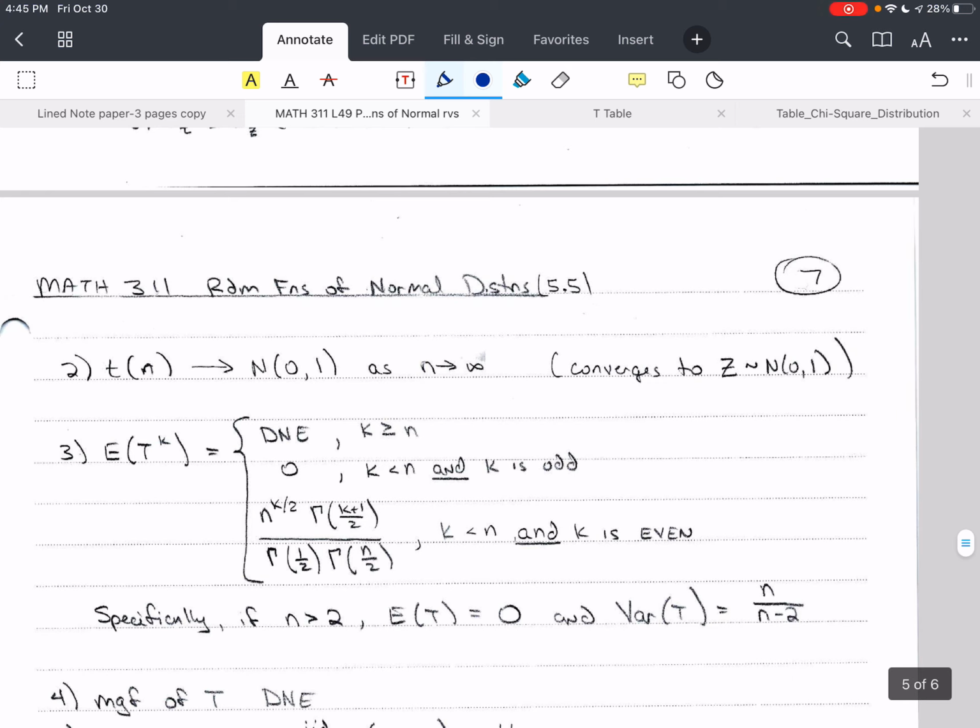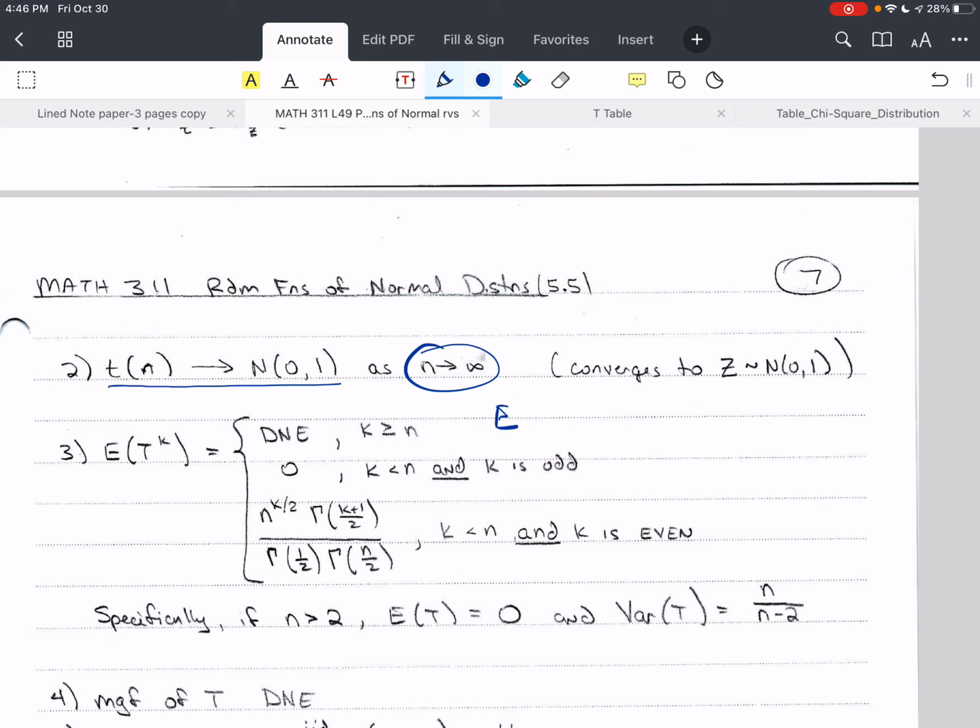So another important property is that as n approaches infinity, the t distribution converges to the standard normal distribution. Also, we have the expected value of the moments, so the kth moment. If k is greater than or equal to n, then this does not exist.